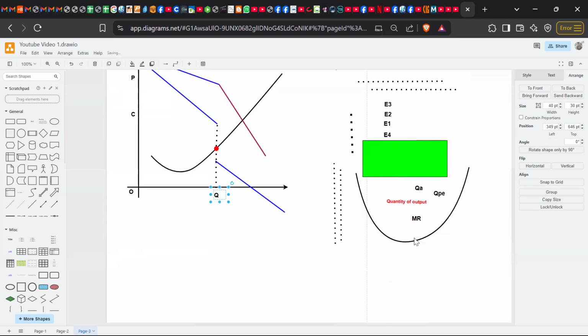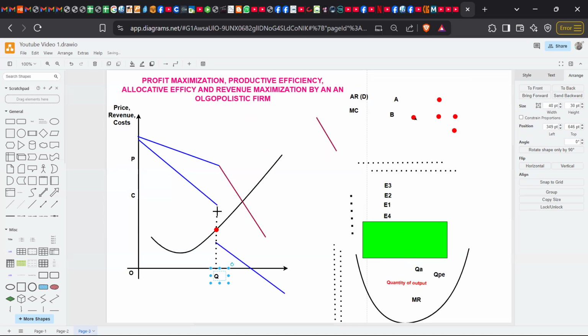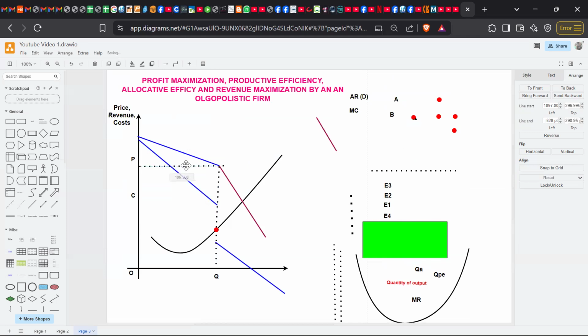And when we extend it, we have the price determination on the kink here. Okay. And yeah, we have the price determined at this kink for the firm at P.